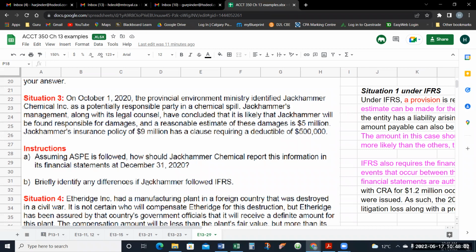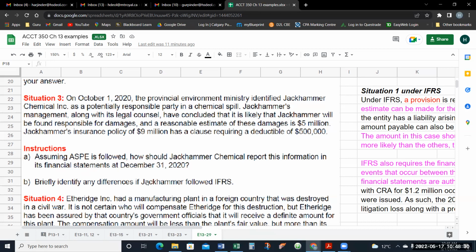Right now, before we quickly hasten to say, oh yeah, we need to accrue $5 million, keep in mind, companies will often have insurance coverage. So Jackhammer's insurance policy of $9 million has a clause requiring a deductible of $500,000. I'm assuming here that the insurance policy relates to any kind of liability related with environmental spills.